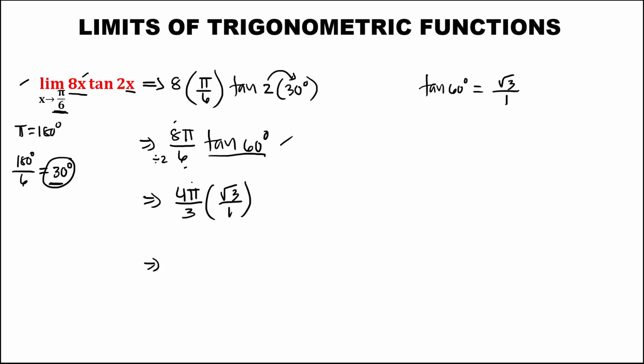Then to simplify, multiply. Since we cannot combine this whole number and a radical, just copy. So this becomes 4 pi times the square root of 3, then over 3. So this is now the limit.